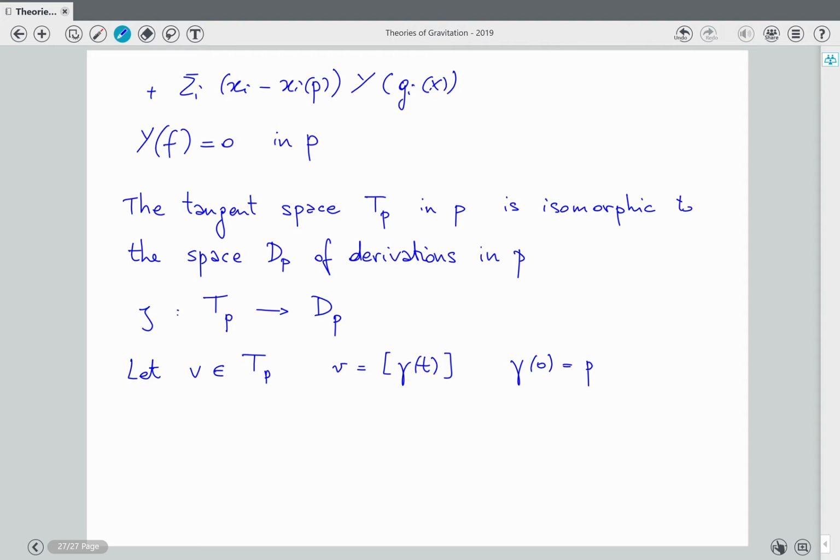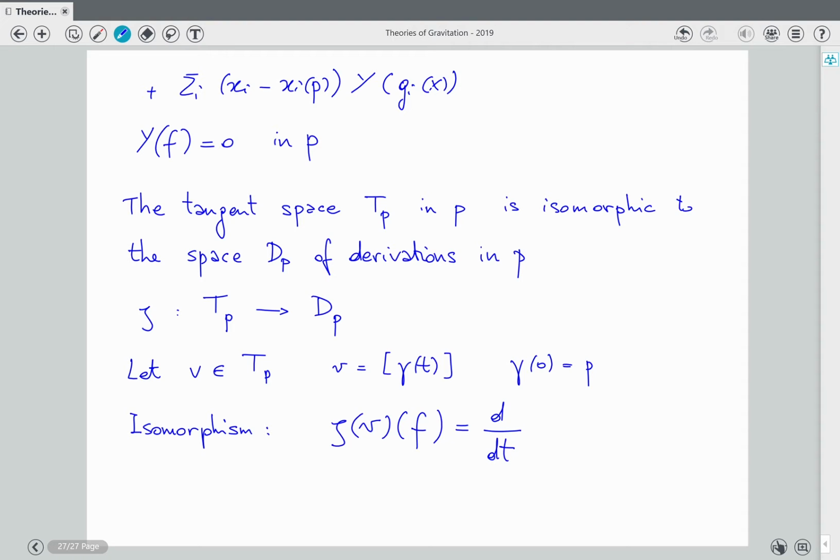Then the isomorphism is as follows. Zeta of V, so the isomorphism must send an equivalence class of curves, an element of TP, into a derivation. So zeta of V must be a derivation. So a derivation must act on germs of functions, let's say on functions f, and it is this.